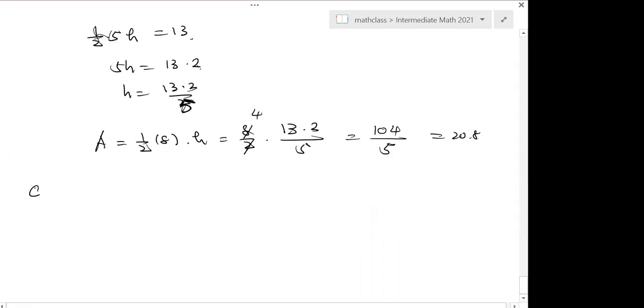Now, with a similar idea, you can look at the triangle here.